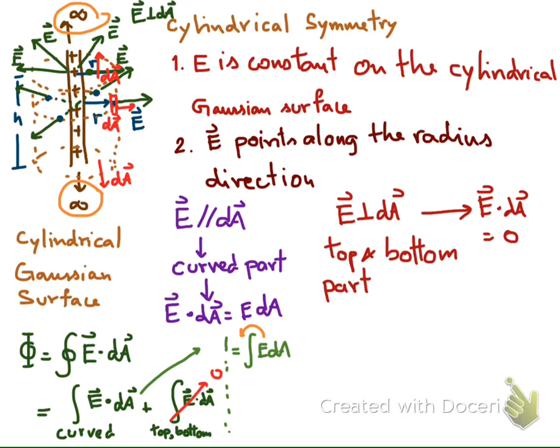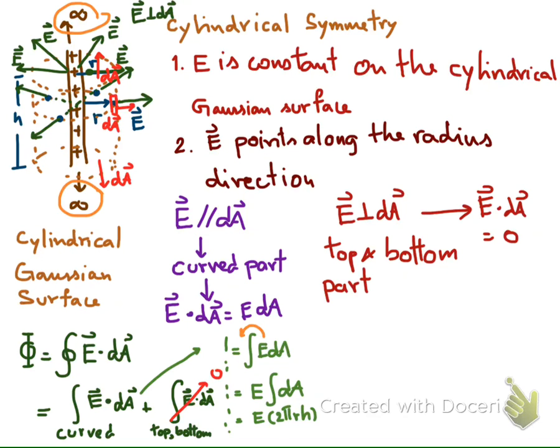So we have this equal to E times the integral of dA. But the integral of dA is nothing but the surface area. So we have that this is equal to E times 2 pi r h.